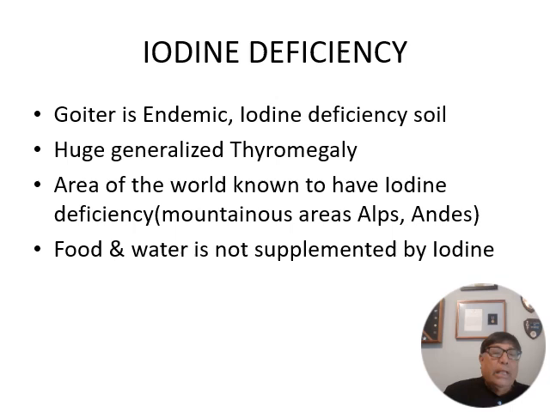And as I'm telling, my next slide is the area of mountainous regions like the Alps, Andes, and sub-Himalayas. And in a country where the food and water is not supplemented with iodine and salt is also not supplemented with iodine, you can get iodine deficiency.